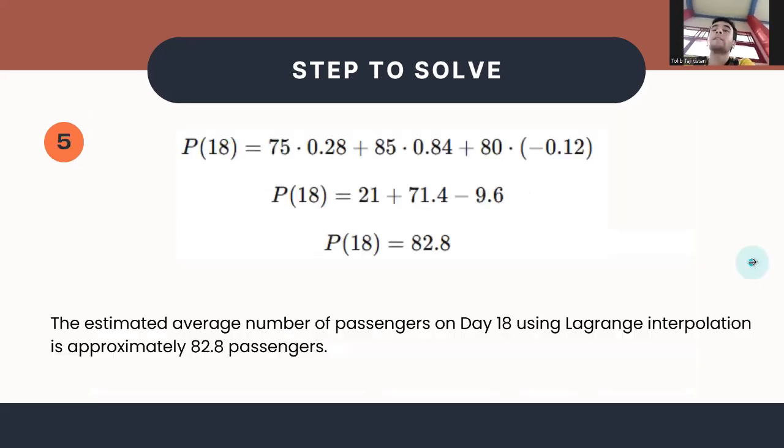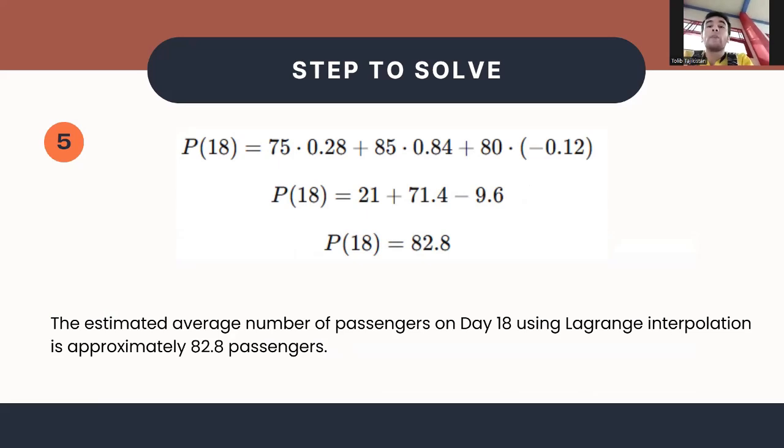Next step. In the last step, we are going to multiply all the points we got in the polynomial basis by all the passengers to find the passengers on the day of 18.